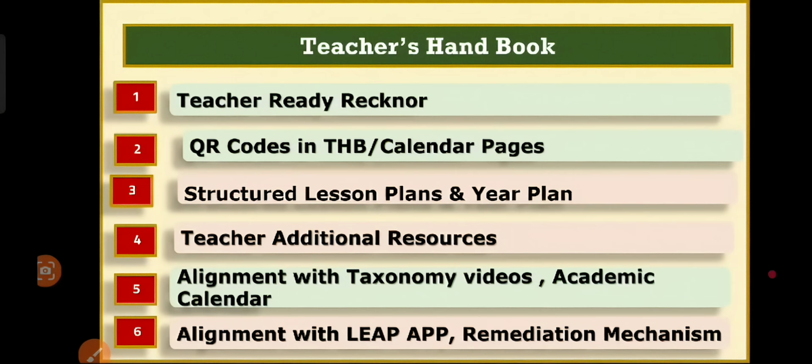Apart from the teacher resources given in the calendar pages, we also aligned the teacher handbook with the taxonomy of videos and academic calendar, and also with the LEAP app, and a remediation mechanism was also given. These are the highlights of the teacher handbook.